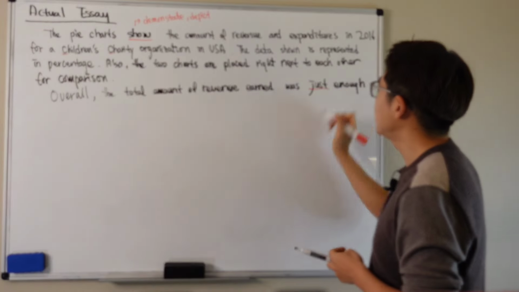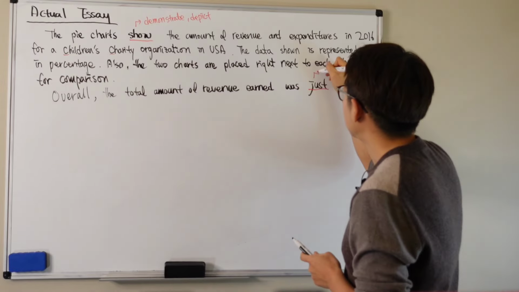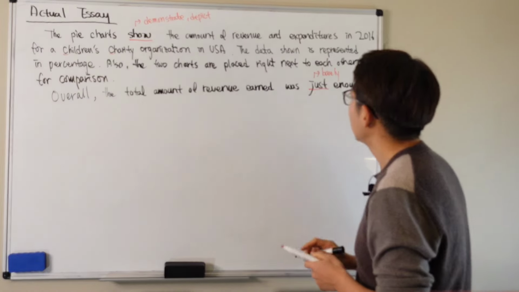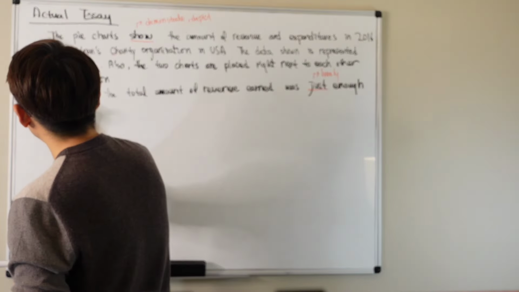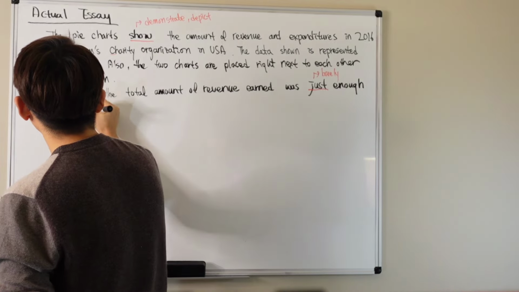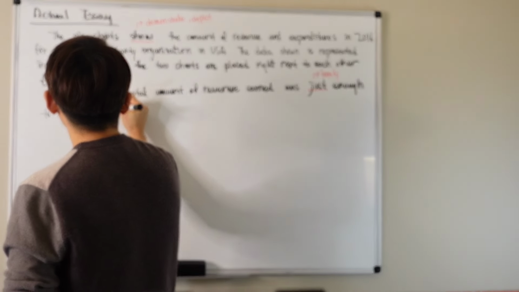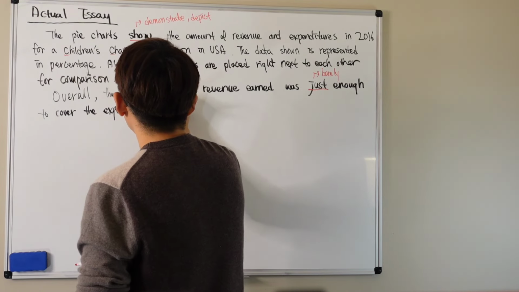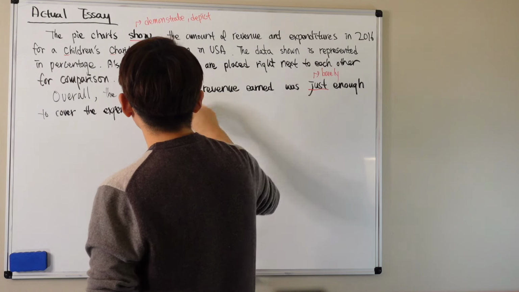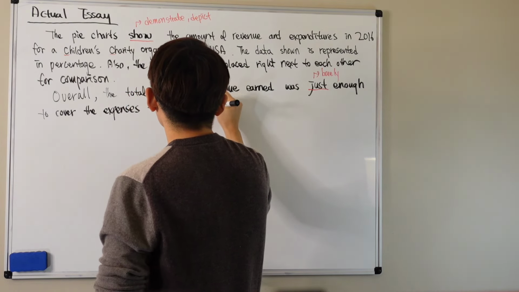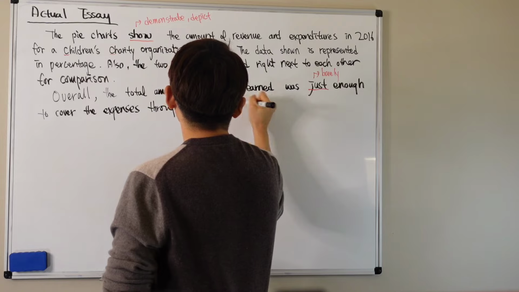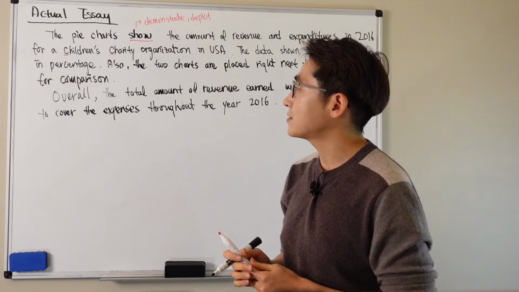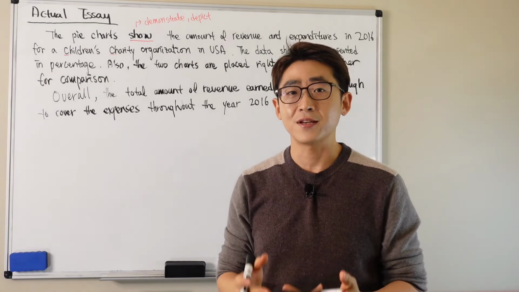Instead of using the word just, we can say other words like barely. Okay, just enough to cover the expenses, and we can say throughout the year 2016. Okay, so this is the message that the two graphs are trying to say, right?